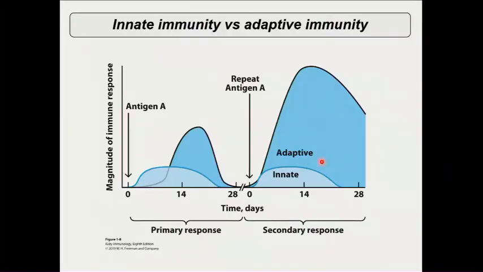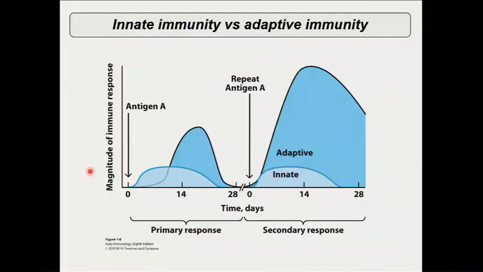It's always the same. Whereas the adaptive immune response, you see, you get a delay after the first exposure, and then a certain response, and when the crisis is resolved, everything goes back to normal. But if you then are exposed to the same antigen a second time, the adaptive response is faster, no delay, and higher.